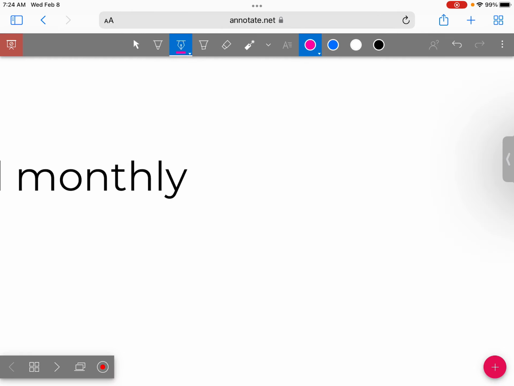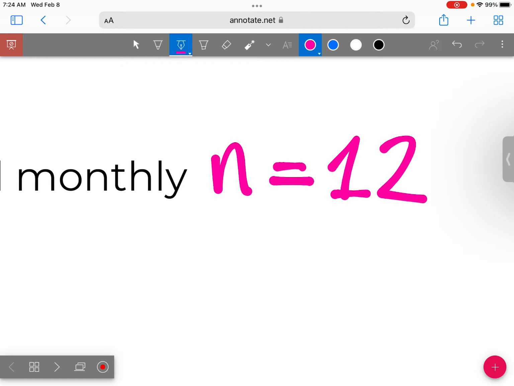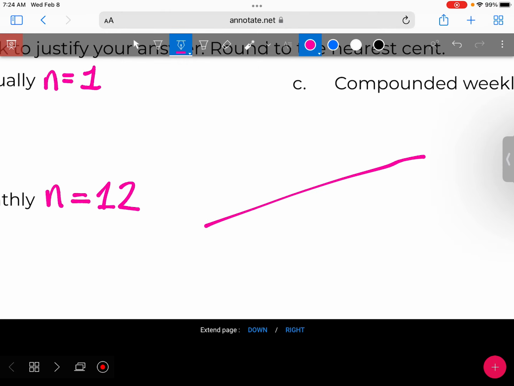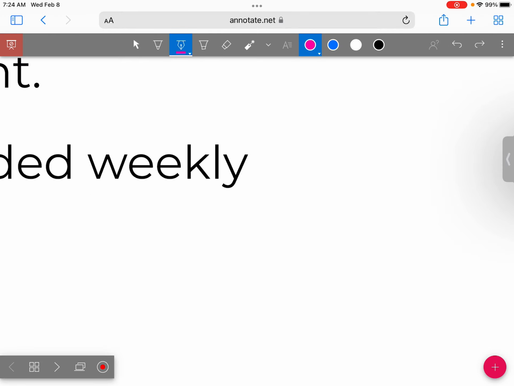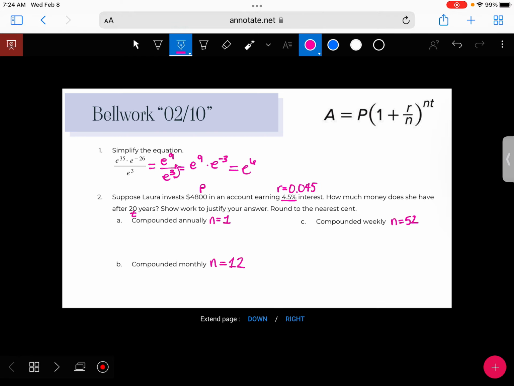What's our N for compounded monthly? 12. And then what's it for weekly? 52. Yep. All right. So we just take these and we plug them in.